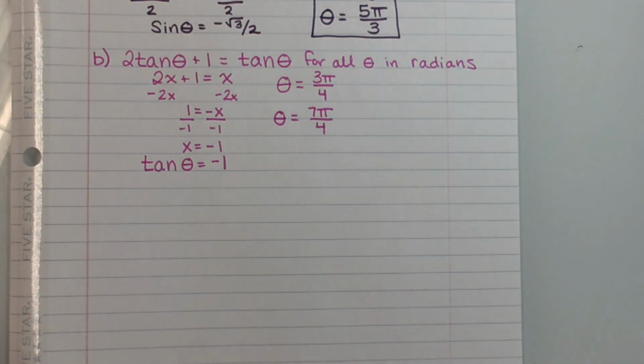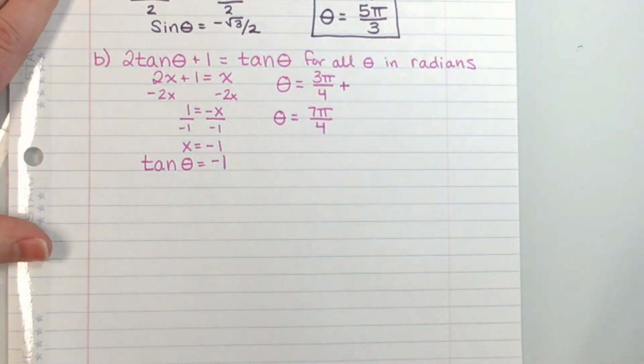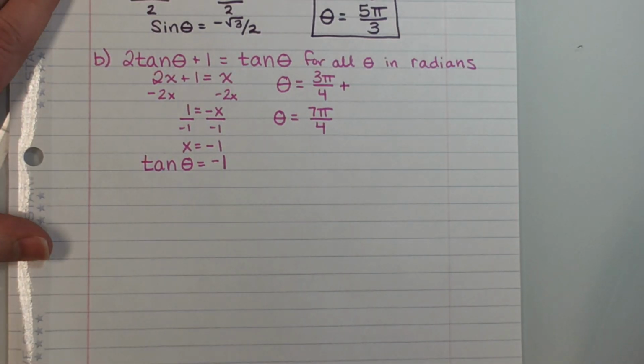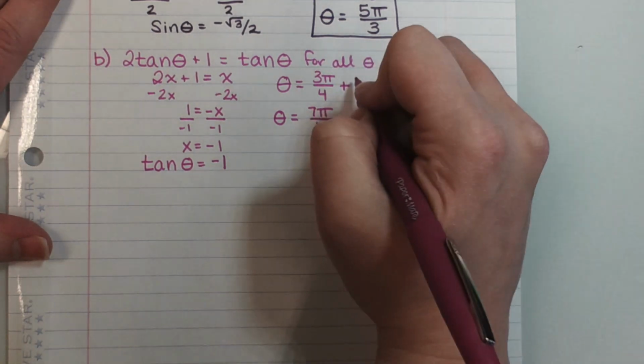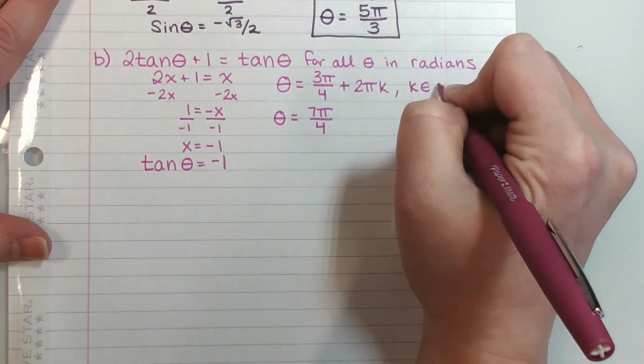Those give you the starting ones. The ones that are not on your unit circle are always coterminal to them. So plus, make sure you're working in radians, a full circle in radians is 2 pi k, where k is an integer.